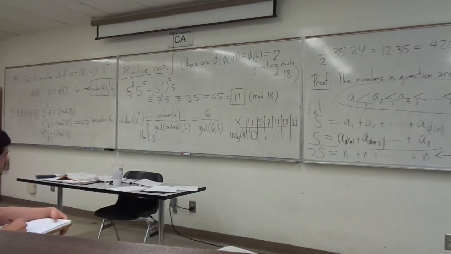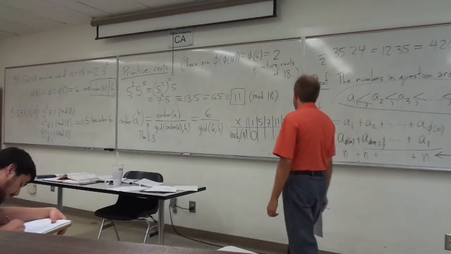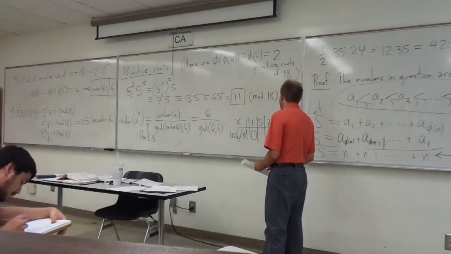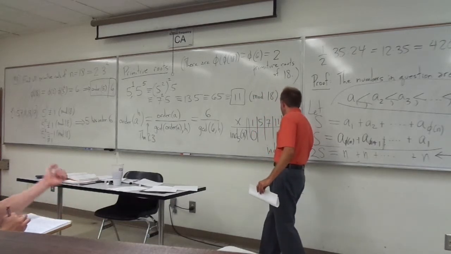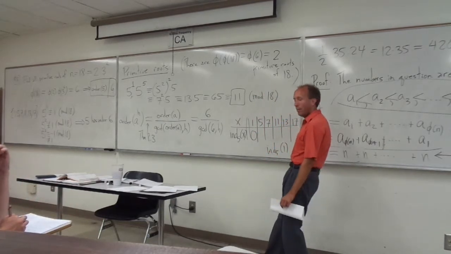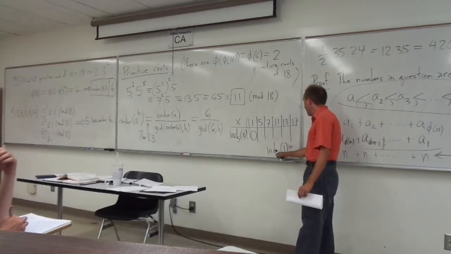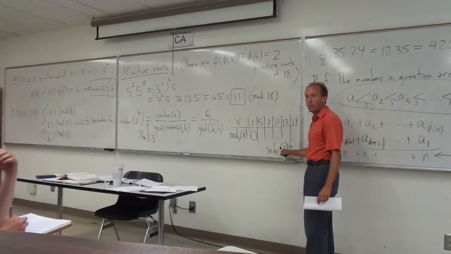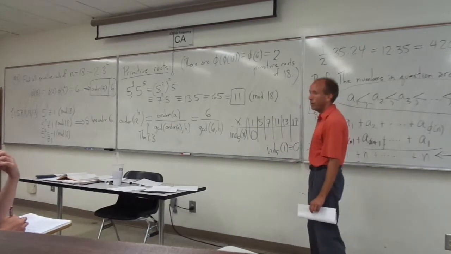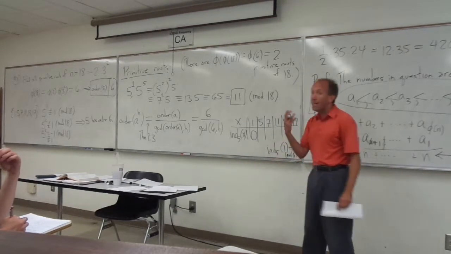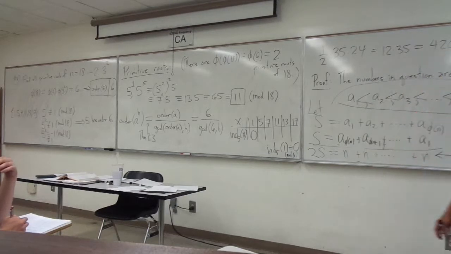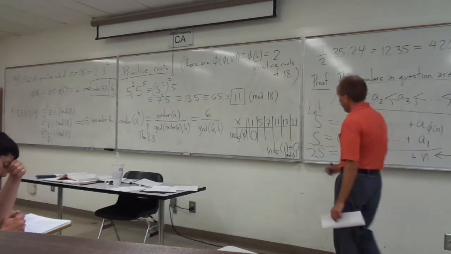Let's make sure everybody understands that. What's the index of 1? You're just asking what power of 5 is congruent to 1. The answer is 0, and this is going to end up being mod 6. It's mod phi of n, which is mod 6 in this case. That make sense? Okay, what's the index of 5?